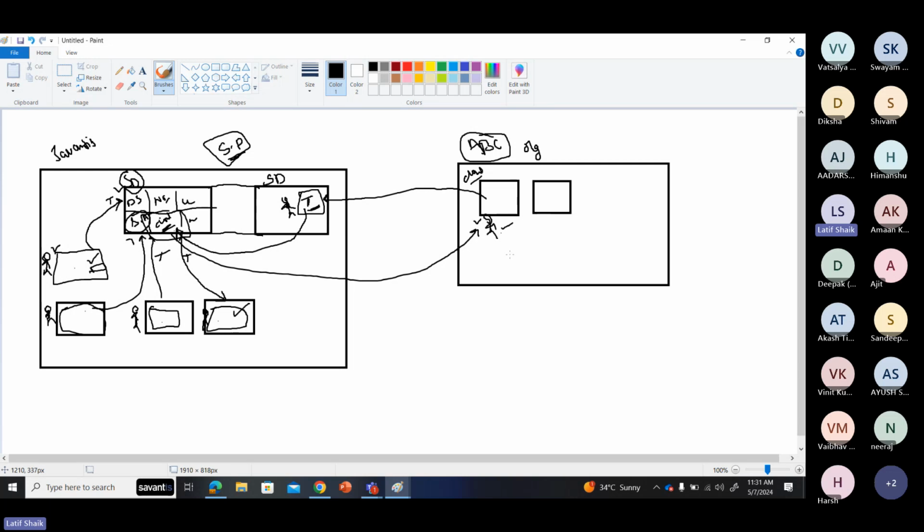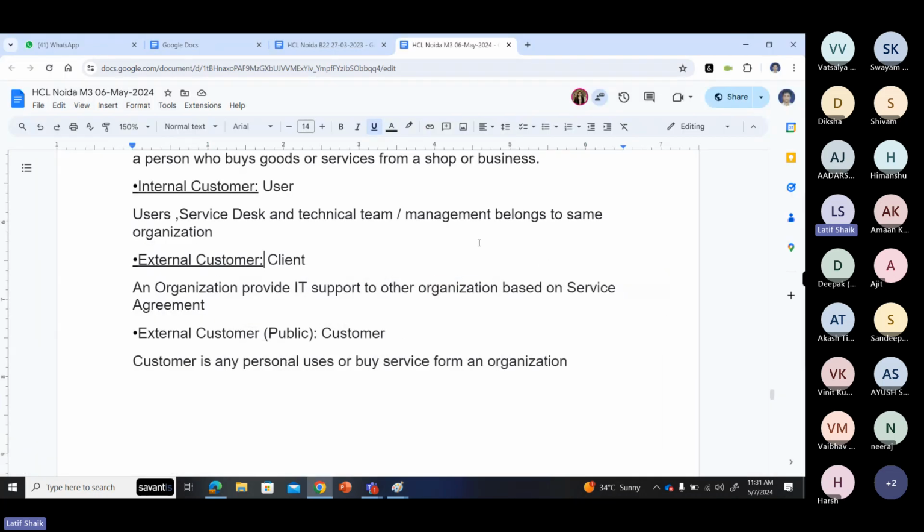They are getting a service or support from our organization, so they are called external customers or clients. The organization provides IT support to the other organization based on the service agreement. So that is external customers.